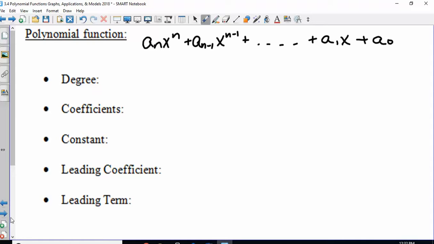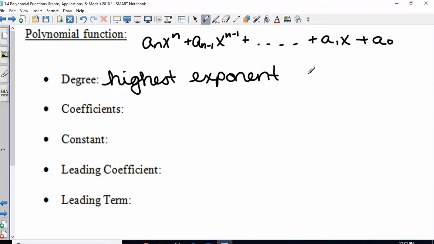When I talk about the degree in our polynomial, what is the degree? The highest power. In this case, it would be n, just the biggest exponent. What are those coefficients? The numbers in front of the variables.